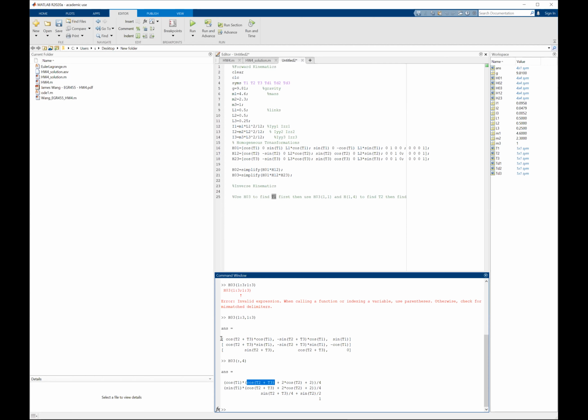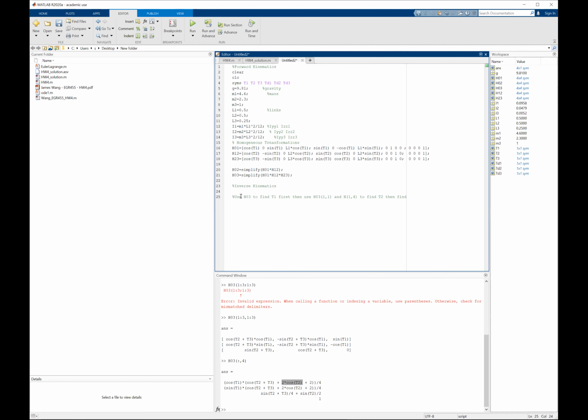Once again, this value is known to you. You find out the value of theta 1, substitute it, and then get the value of cosine theta 2 plus theta 3. Substitute that in this expression, and the only unknown that is left is cosine T2.